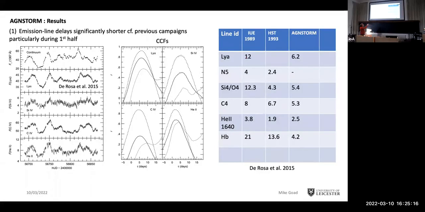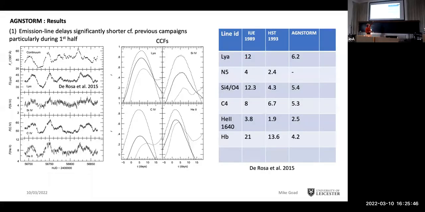Okay, and so on the right-hand side, I've actually listed the lags, so the delays in days, for the 3 campaigns: the IoE 1989 campaign, which I showed you earlier, the HST campaign, which occurred in 1993, that was with STIS. That was a much shorter campaign, much shorter duration, and then the AGN STORM results on the right. So, first order effects, delays, we measure those.